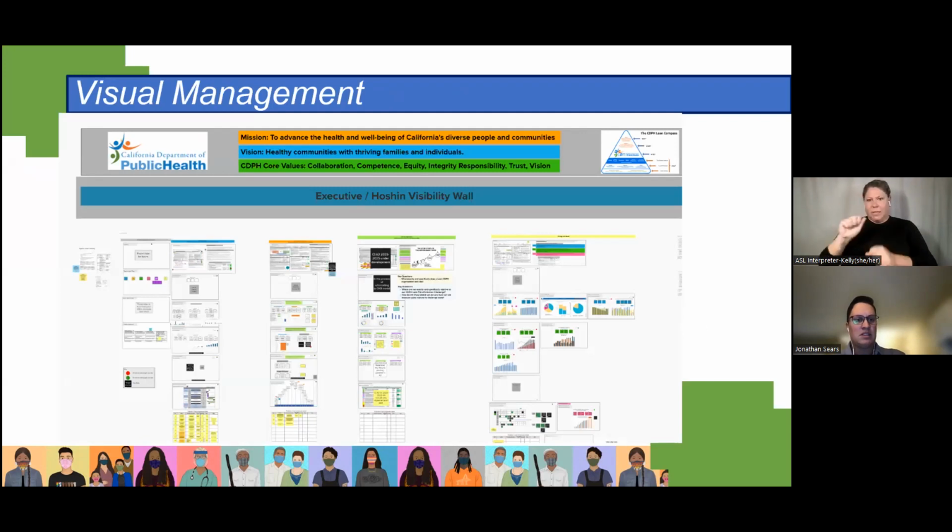It incorporates the element of linked checking, using that communication and checking structure to track our work and our problem solving, and to support the development of problem solving through coaching. And it relies on visual management to show progress relative to our targets using data. So this is, I think, one of the more impressive things that we've been able to build out, honestly, to support visual management, especially with a very remote-based workforce within CDPH.